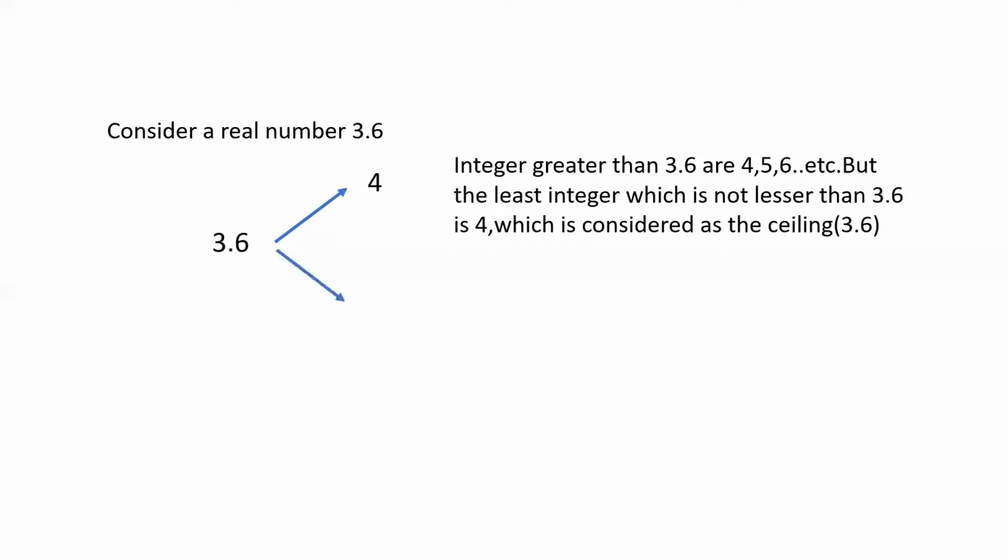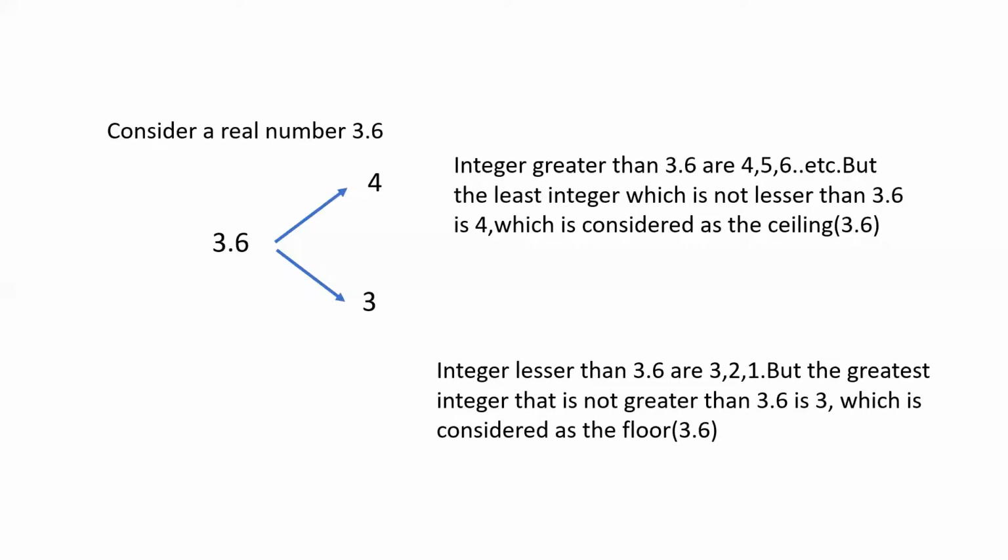Now, the next concept. You can also round off 3.6 to 3. If you are considering the integers which are lesser than 3.6, you may write them as 3, 2, 1, etc., right? But the greatest among these, 3, 2, and 1, which is the greatest integer? 3, right?